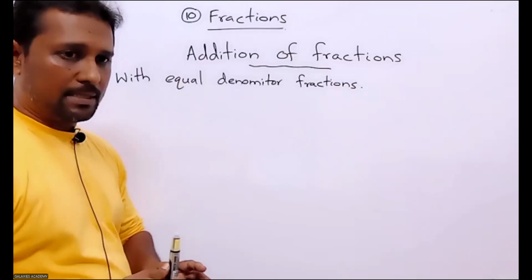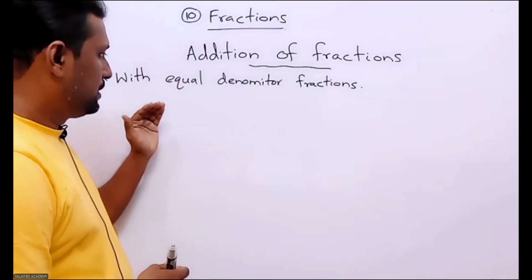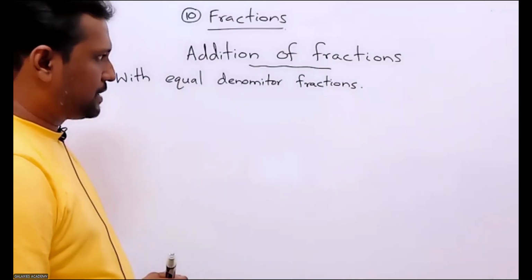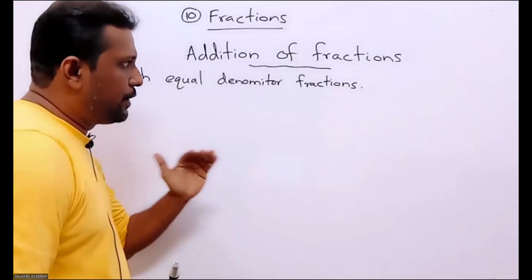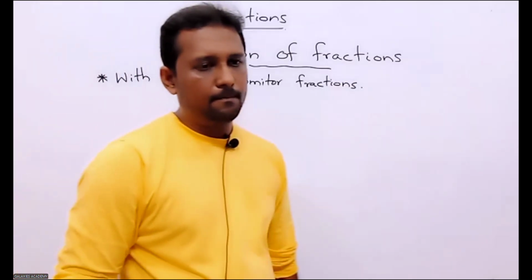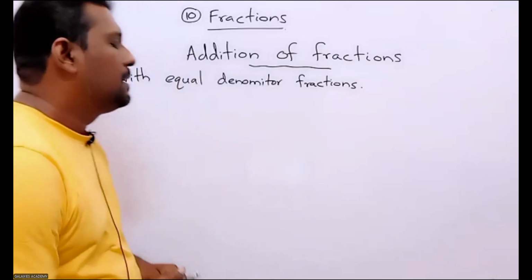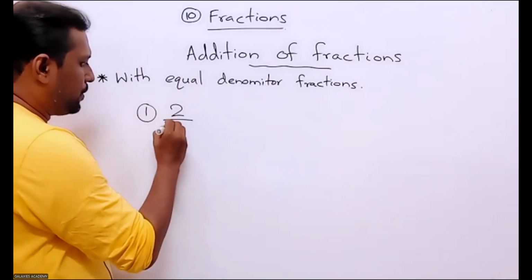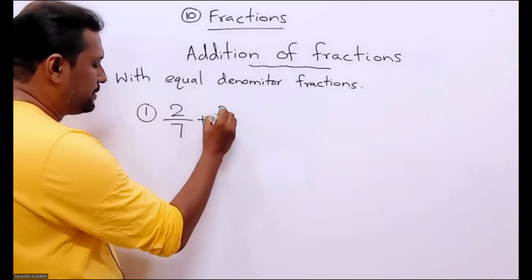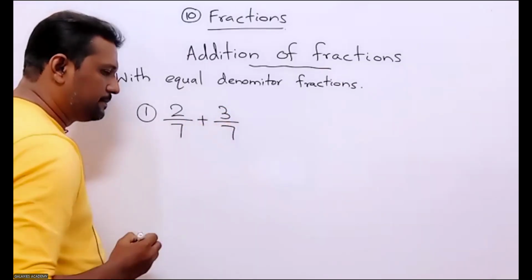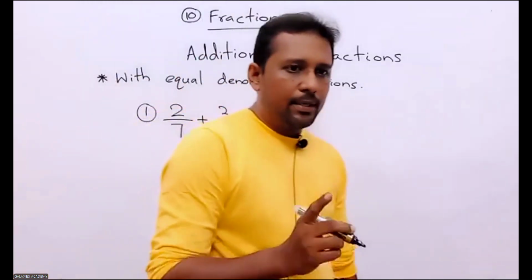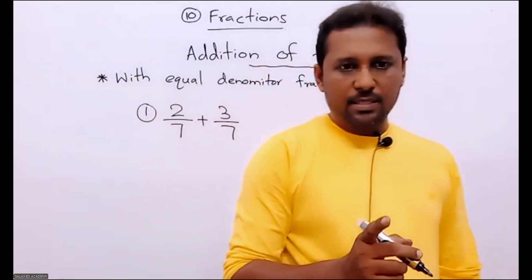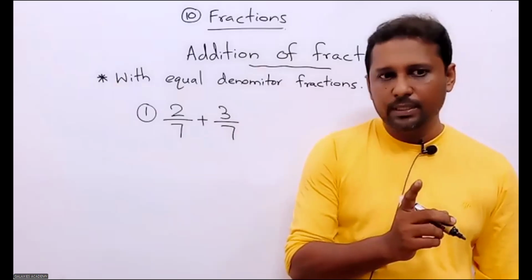Right. Let's discuss some examples for the addition of fractions with equal denominator fractions. Now look at example number 1. 2/7 add 3/7. When you add or subtract fractions, be careful.